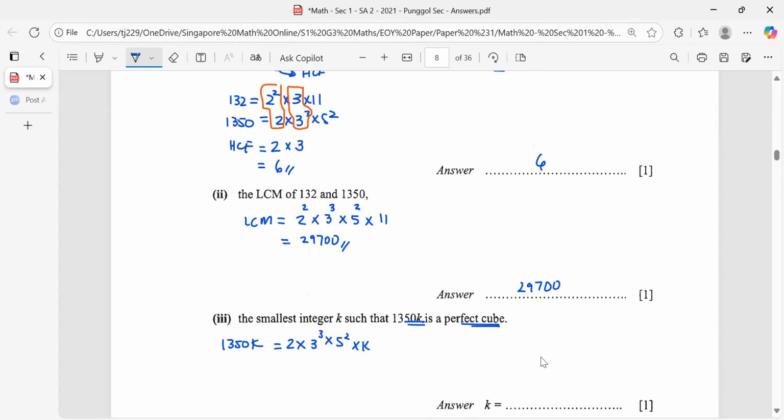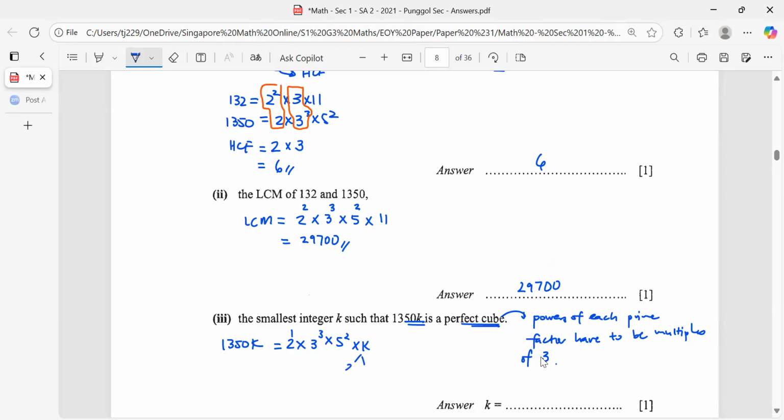And for it to be a perfect cube, what happens is that the powers of each prime factor have to be multiples of 3. So if you look at the first prime factor, that is 2. 2 means 2 to the power of 1.